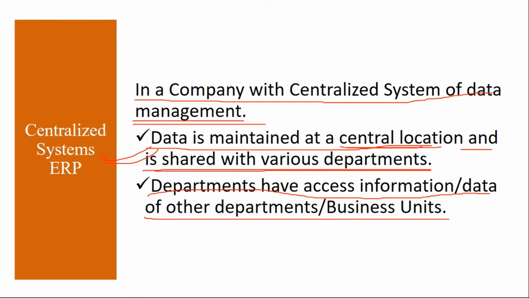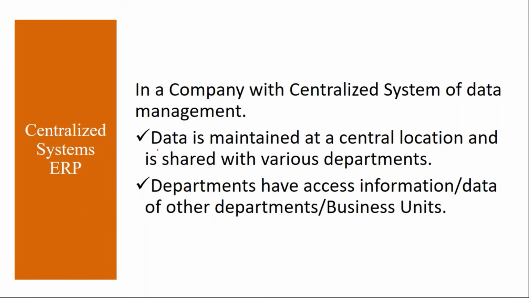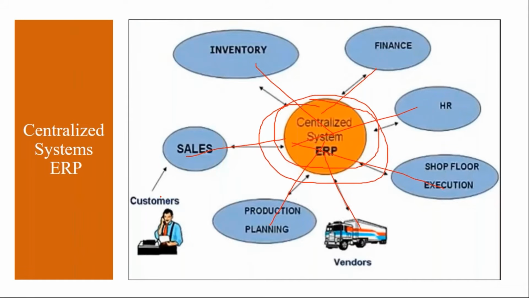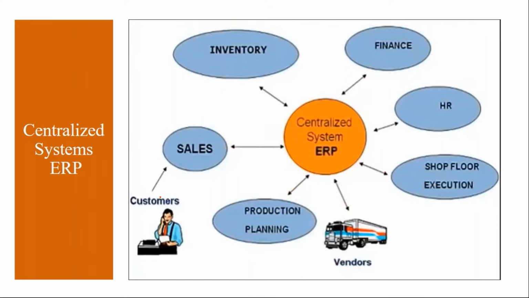Now we will see the business process again with the centralized system. Here all the departments maintain or update their data in a centralized system, which is called ERP. Okay, a customer approaches the sales department for a particular product.